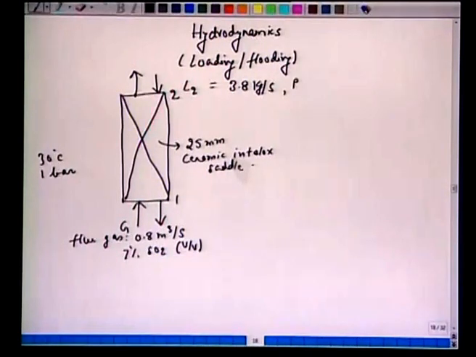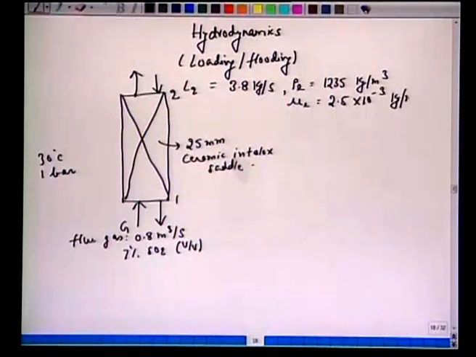Physical properties of the liquid are given: rho L is 1235 kg per cubic meter. Viscosity of the liquid is given as 2.5 times 10 to the power minus 3 kg per meter per second. Height of this column is given here as 1 meter.